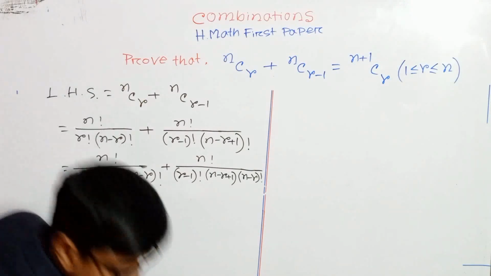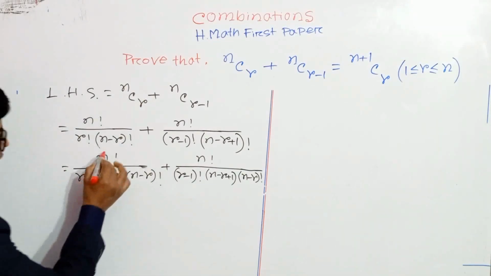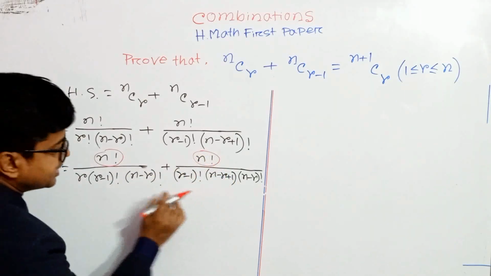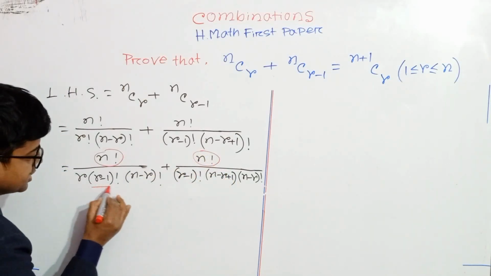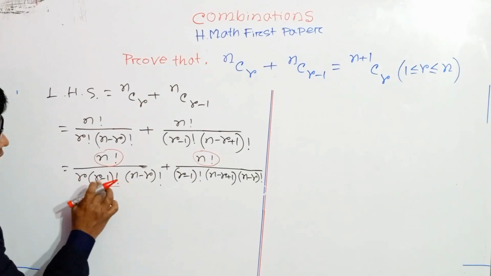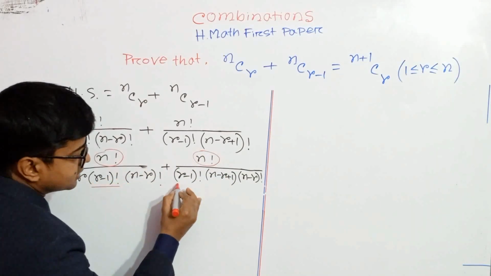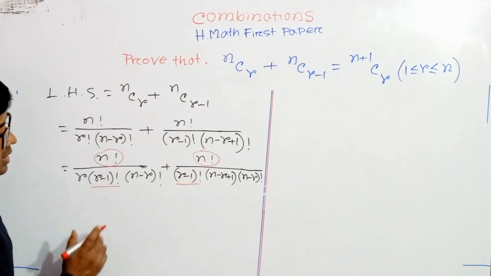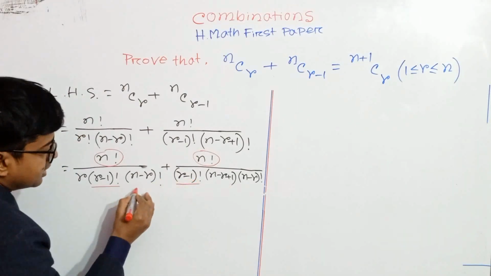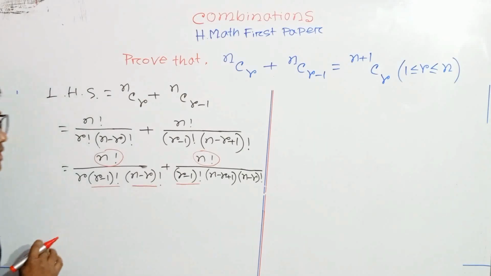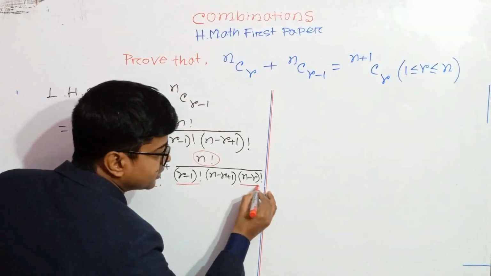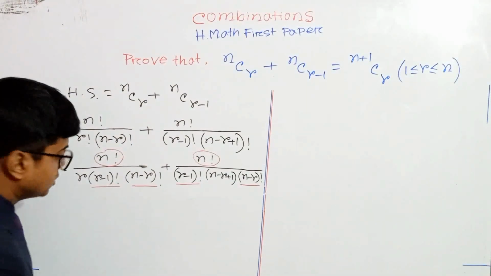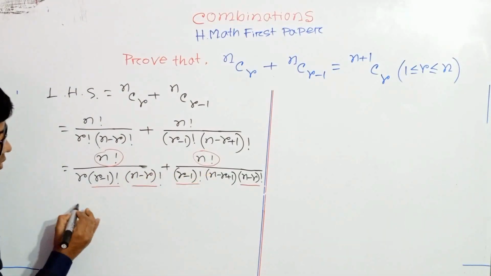This part and this part are the same, and factorial r minus 1 and factorial r minus 1 are the same, and factorial n minus r and factorial n minus r are the same. So now we can take common from these two parts.